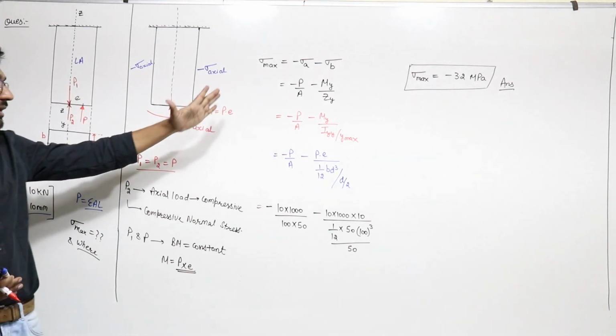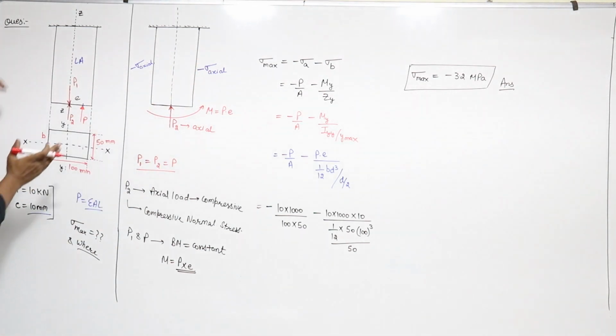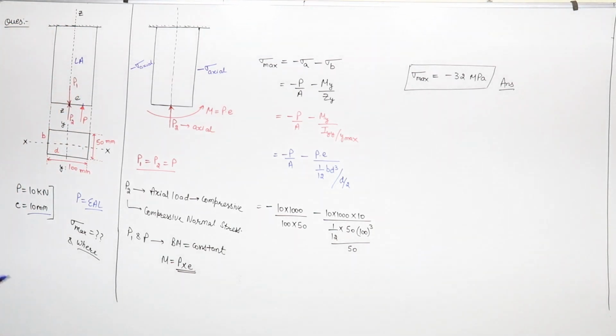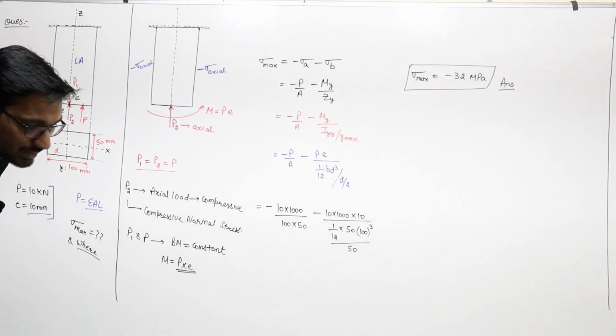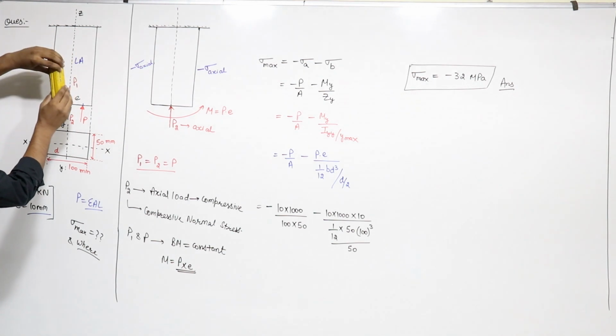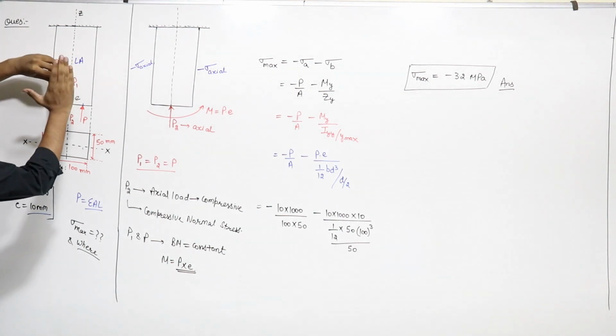It will bend it like this, right? Now if it will try to bend this object in this condition like this, I can say this is the bar, so at this point the bending moment is like this.